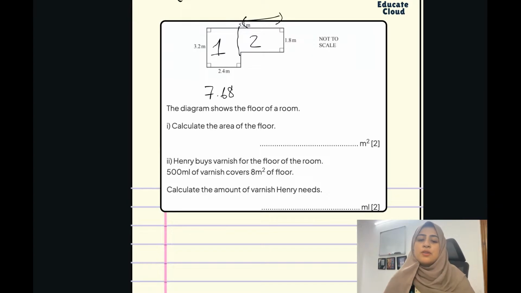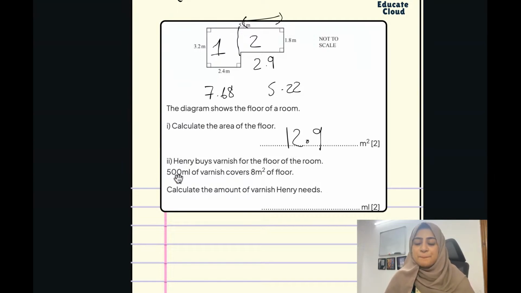So that's going to be 2.9. So 2.9 times 1.8 gives me 5.22. So part 2 is 5.22. We're going to add that to 7.68 to get the total area to be 12.9.